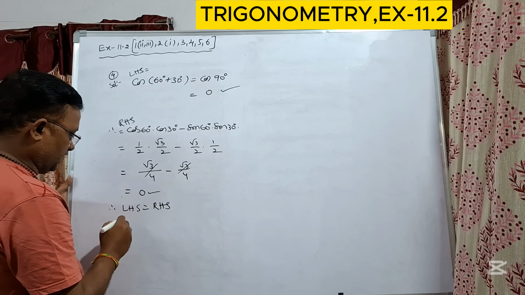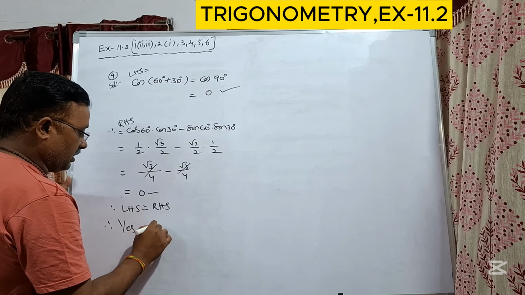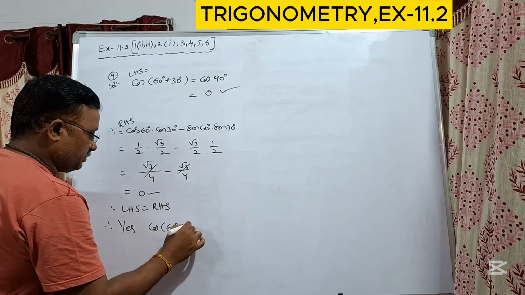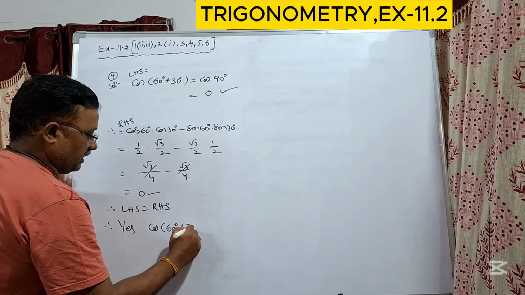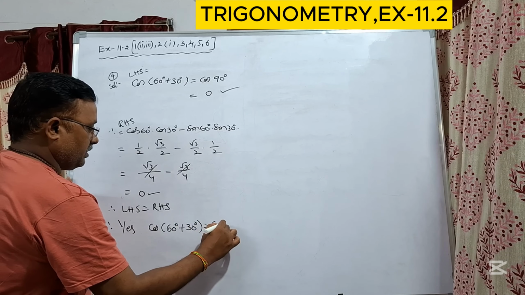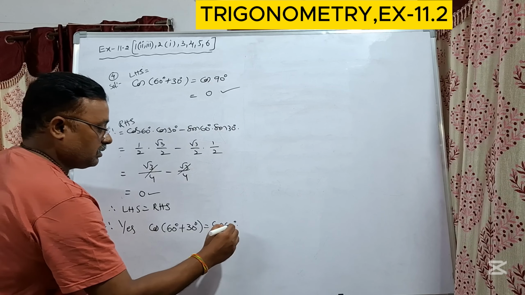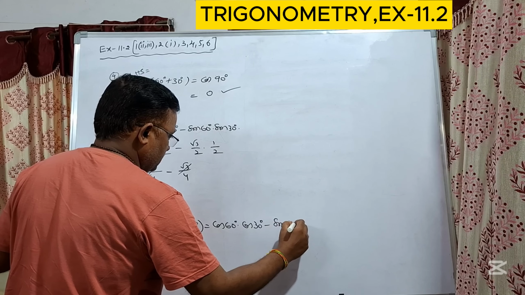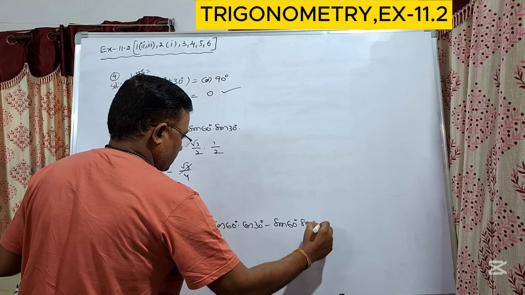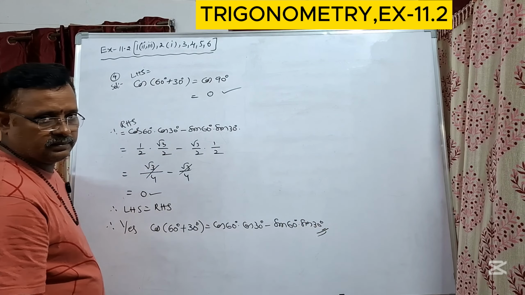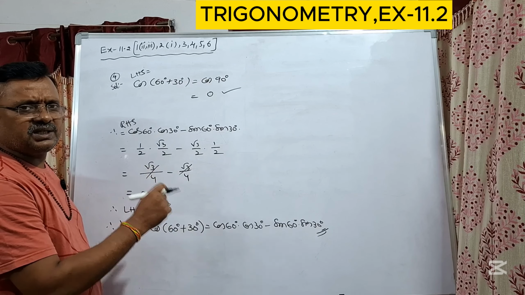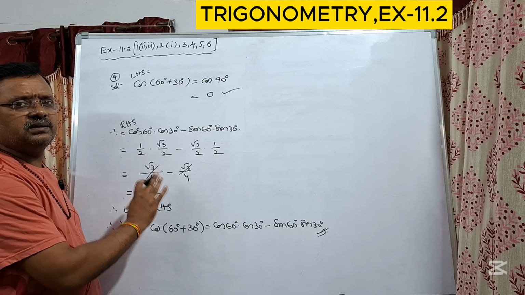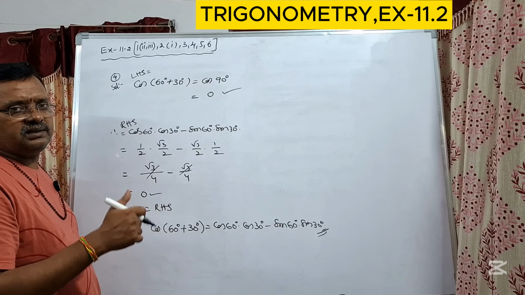Therefore we can conclude that yes, cos of 60 degrees plus 30 degrees equals cos 60 degrees into cos 30 minus sin 60 degrees into sin 30. Understood? For bits and for 2 marks, these model questions are important, right?